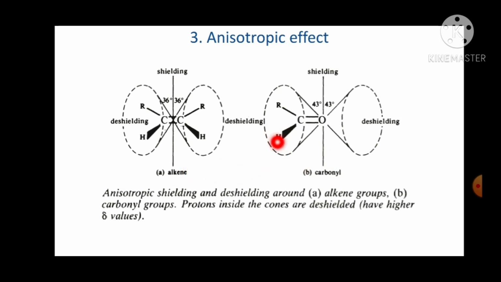This proton is very close to the paramagnetic, or deshielding, zone, which is parallel to B0, whereas at the center it would be diamagnetic. In carbonyl compounds the protons are in the deshielded zone, and even alkene protons are in the deshielded zone.